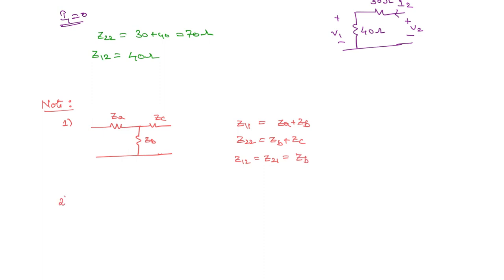Now next, another point that you can observe here is Z12 is equal to Z21. This is the condition for reciprocity, right? So when a T circuit is given which is having only impedances, then this circuit is a reciprocal network. So reciprocity condition is satisfied.